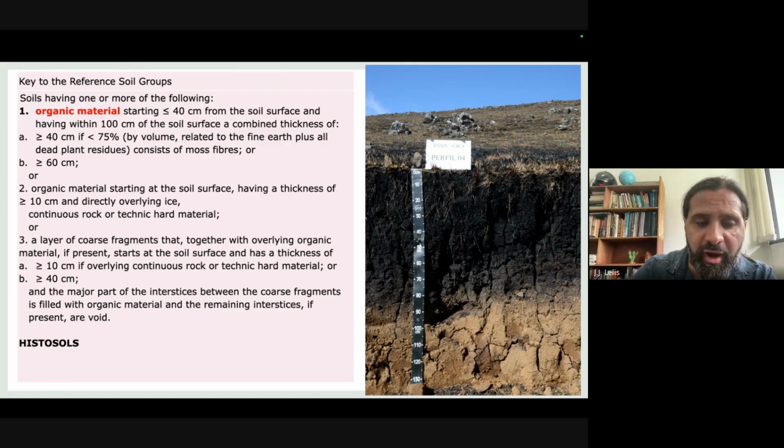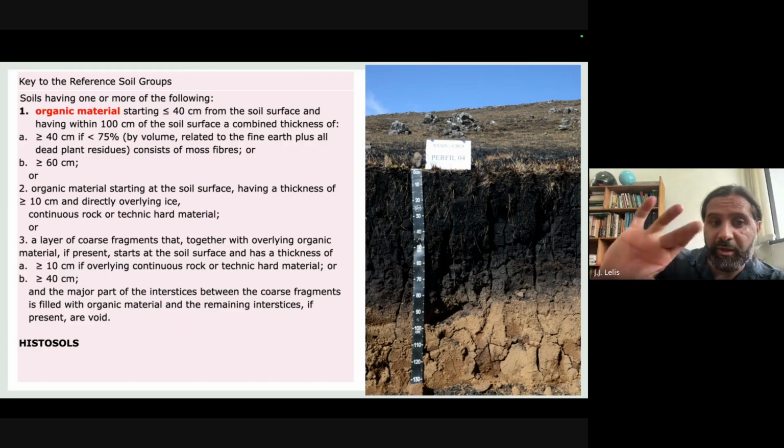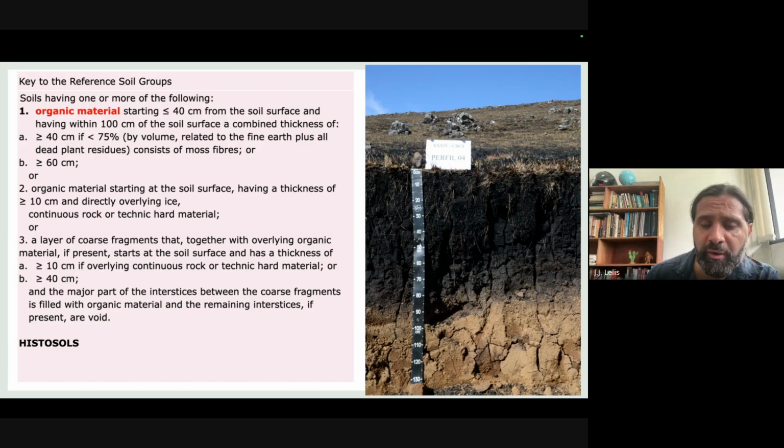Or I should find organic material starting at the soil surface, having a thickness of 10 centimeters or higher and directly overlying ice, continuous rock, or technic hard materials that were added by humans. Okay, so in this case, just 10 centimeters will be enough, but this organic material should be above rock, ice, or something added by humans like concrete.